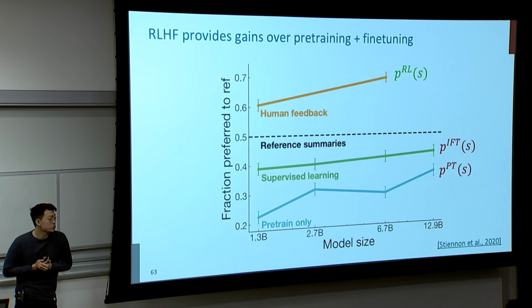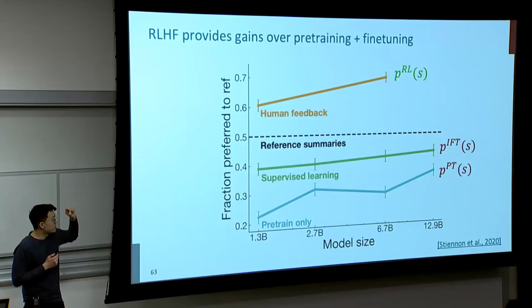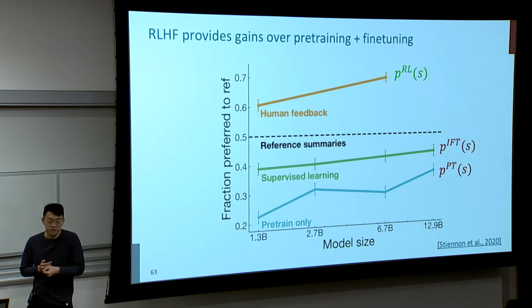That's a good question. A key point here is that they initialized the RL policy on the supervised policy. So they first got the model reasonably good at doing summarization, and then you do the RLHF on top to boost performance. Your question is maybe, can we just do the RLHF starting from that pre-trained baseline? I don't think they explored that, although I'm not sure. I'd have to look at the paper again to remind myself.